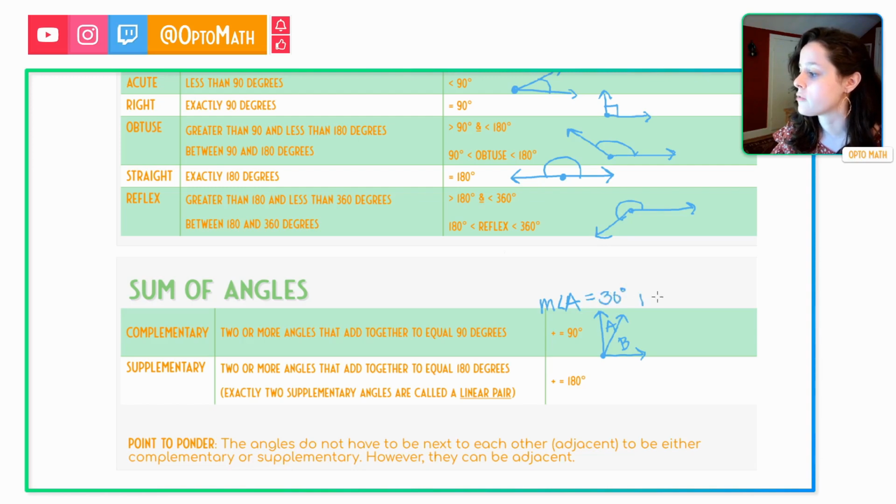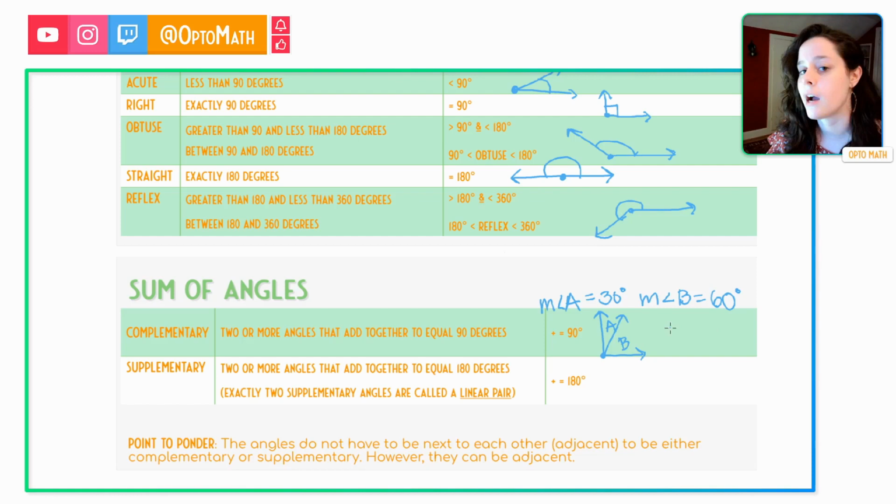And let's say the measure of angle B is 60 degrees. Looks about right. Looks like about two A's will make up a B. So there's a representation of complementary angles.